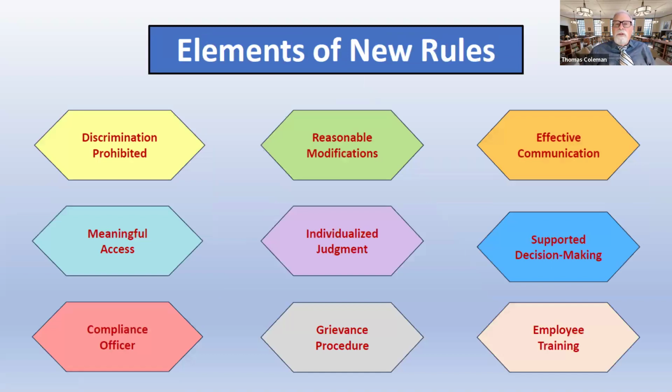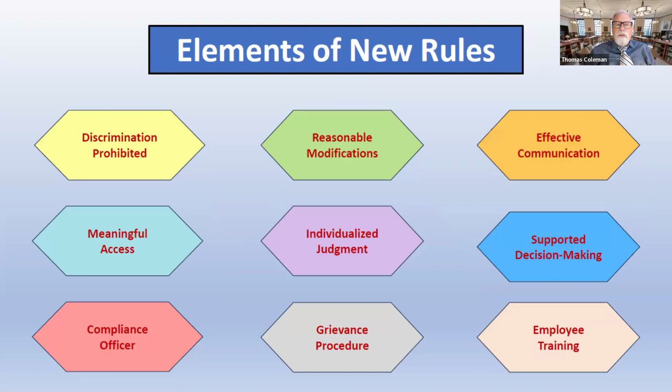There are various elements of the new rules that we're going to talk about. First, discrimination is prohibited. Reasonable modifications must be offered to patients with disabilities. Providers must offer and ensure effective communication to and from and with these patients.